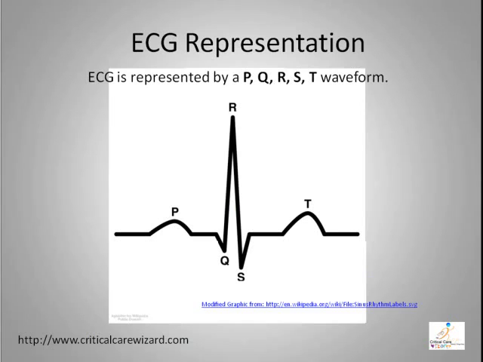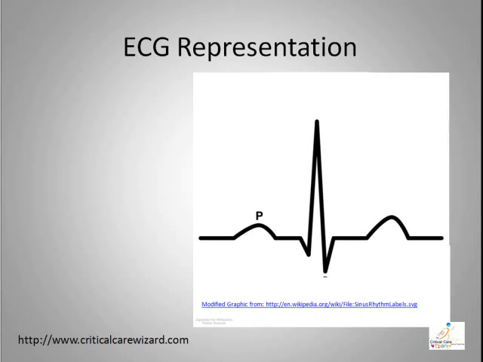As defined in Module 1, the electrophysiological activity of the myocardium creates a unique waveform when recorded on paper. This waveform is represented by the PQRST letters. When the atrial muscles are charged up or depolarized, it creates a P wave.